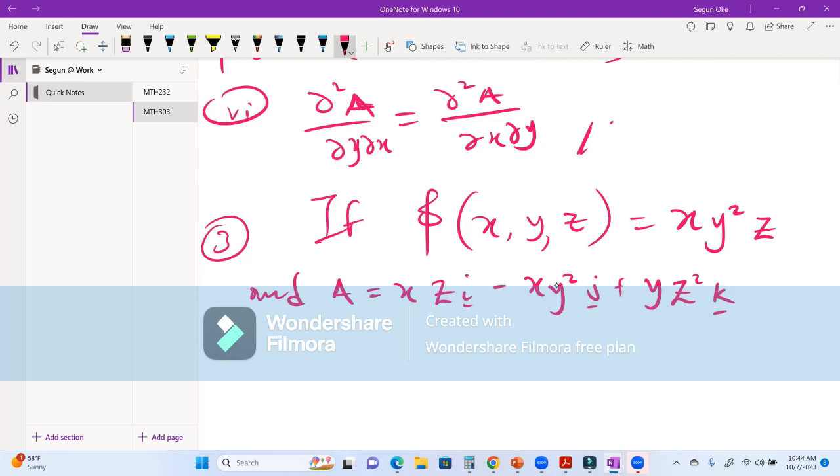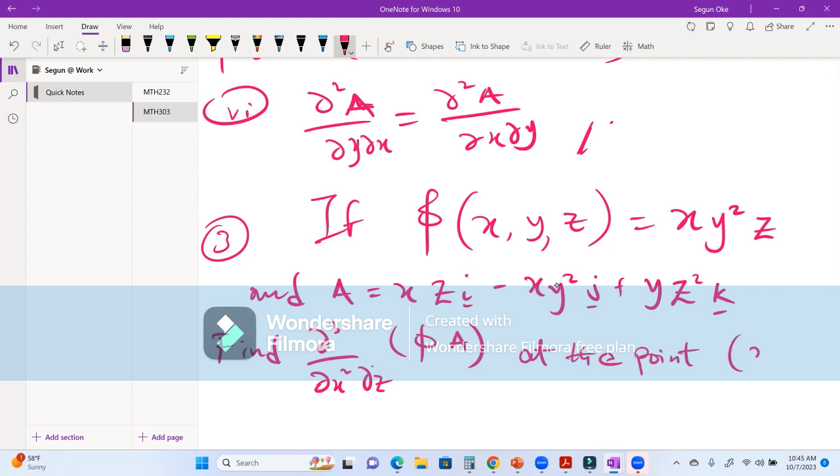Question says find the curl of the x squared dz of phi A at the point 2, minus 1, 1.